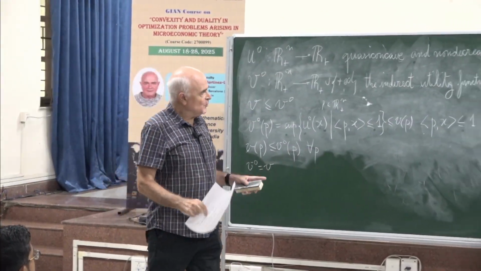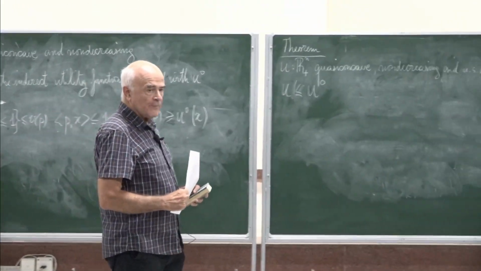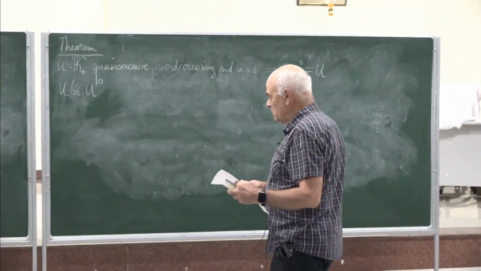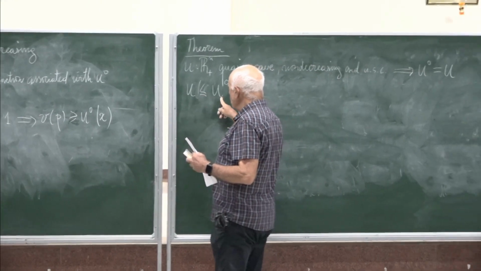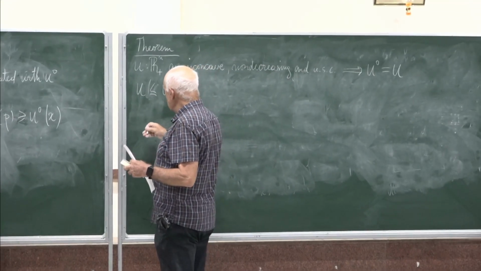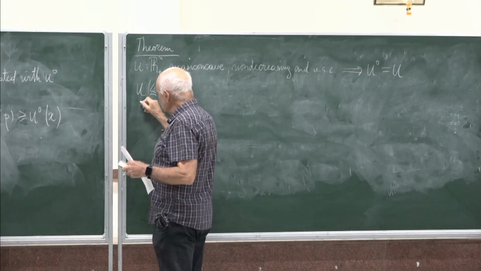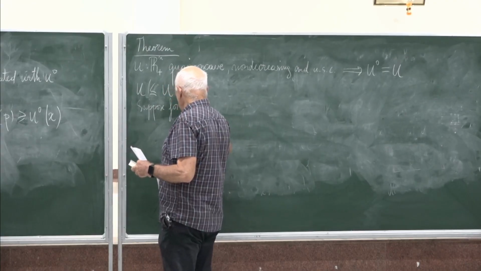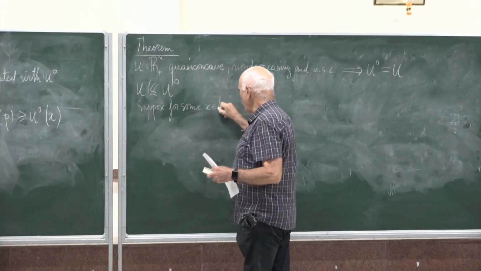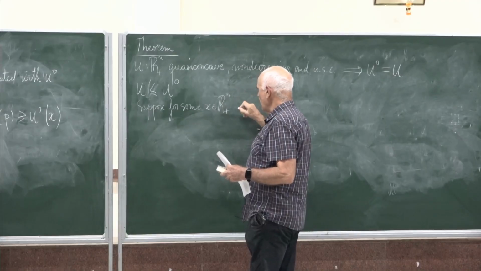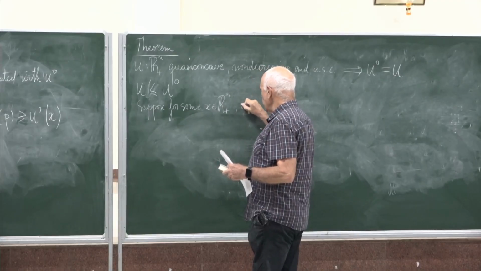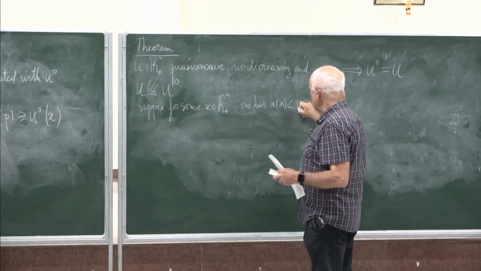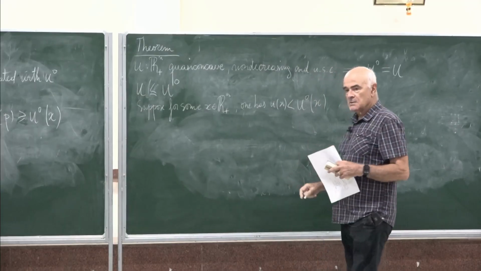Well, but now let us prove that under these assumptions, equality holds. So, suppose this inequality is not true at every x. So suppose for some x, one has u of x strictly less than u naught of x.